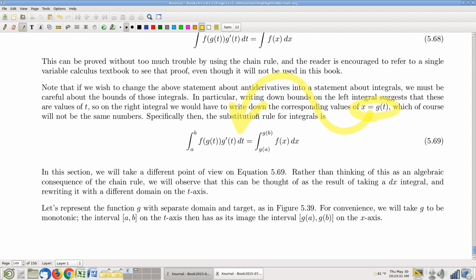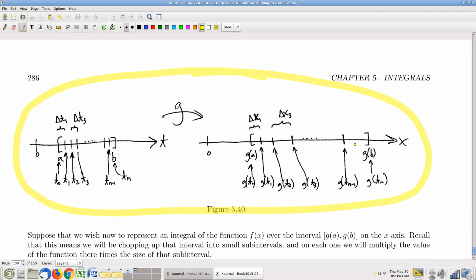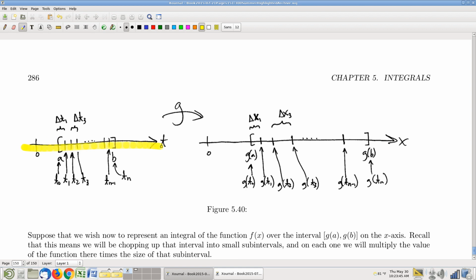But I would like to view this a little bit more geometrically. I'm going to think of g as a function where there's a t-axis and there's an x-axis, and let's look at it. And here it is. There's a t-axis, there's an x-axis, and g is a function from one to the other.